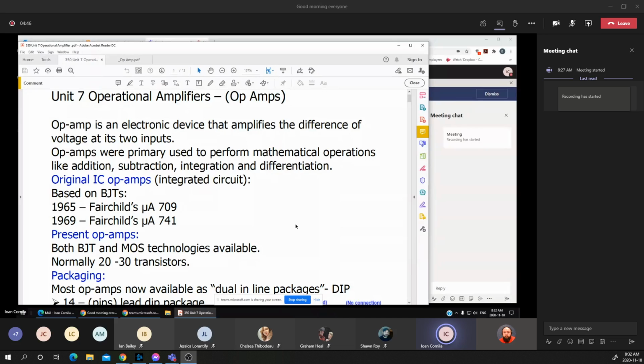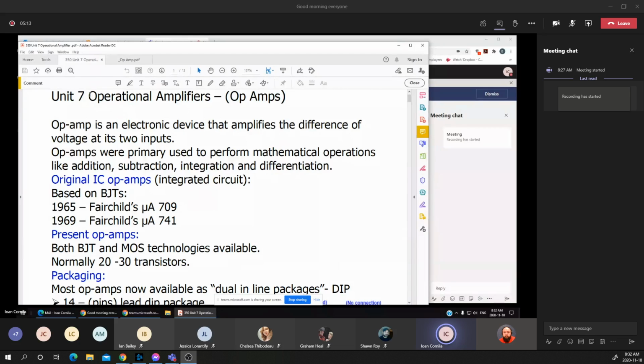Means that we may have semiconductors, but at the same time we may have a set of resistors, a set of capacitors, inductors in it. The operational amplifiers. Now I'm trying to explain one term at a time.